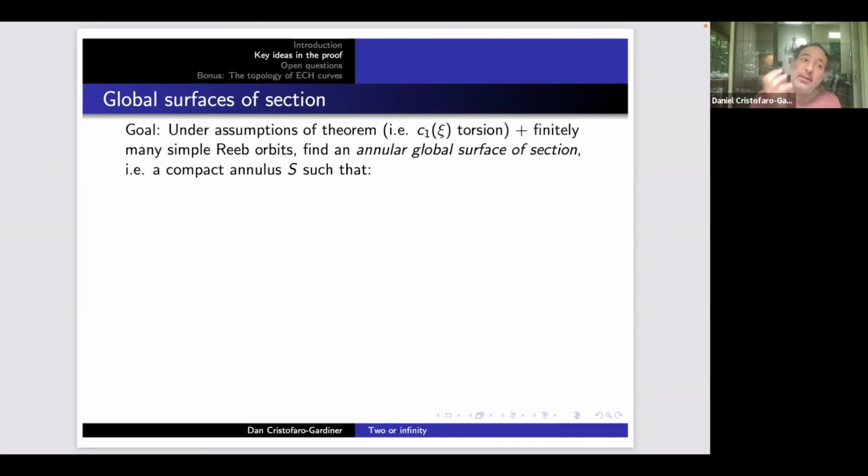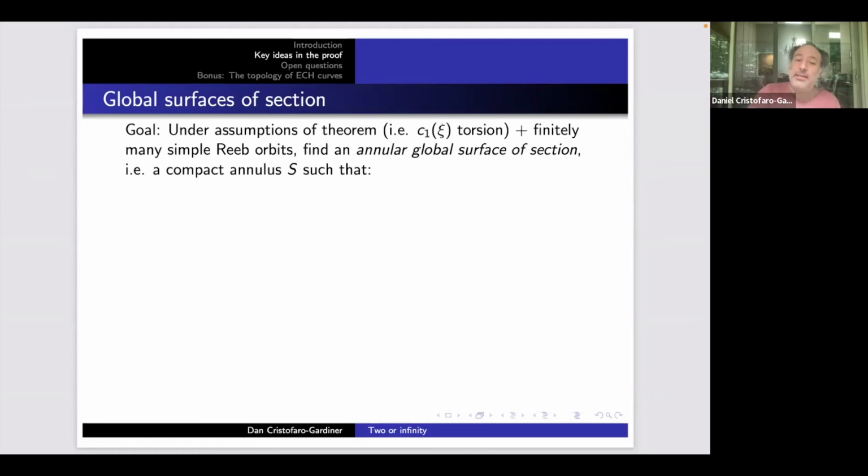Another thing I said on the first slide, which I said we'd return to later, is that HWZ themselves actually did prove something in a degenerate case, because they proved that in the convex case there are two or infinitely many orbits. If you remember from that very first slide, where I stated HWZ's conjecture, they state that they themselves proved it in the convex case and in the generic case.